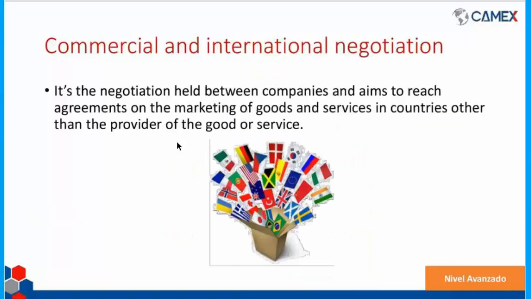So in a commercial and international negotiation, we have to understand that both parties, both sides, aim to reach agreements, okay. And in this special case, it's mostly about goods, but we can also have services such as the tourism sector, for example, okay.